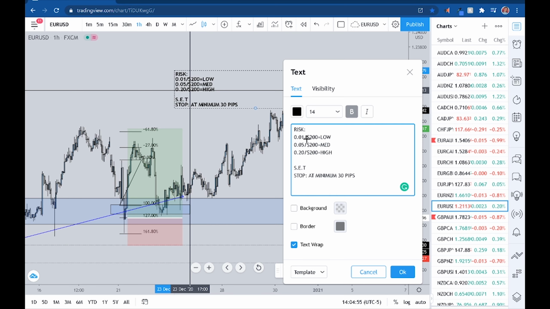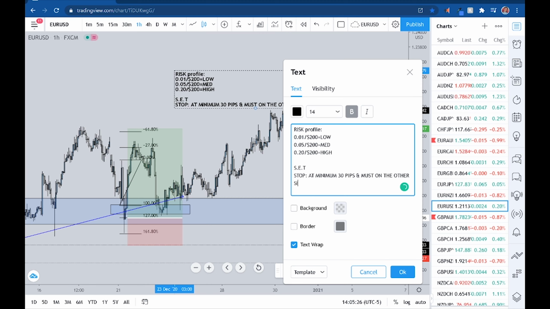Now, here we have basically the risk profile. Let me add profile so you can understand that there's different takes on how you would go about risking in the market. And then stop loss set at a minimum of 30, and they must be on the other side of the zone.